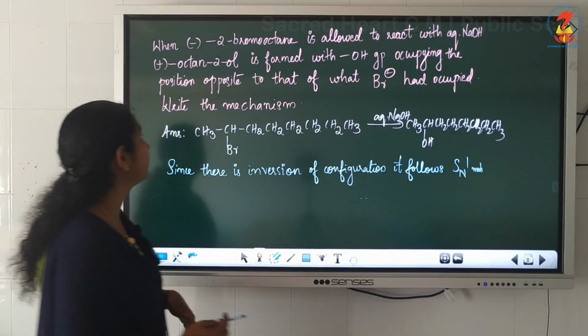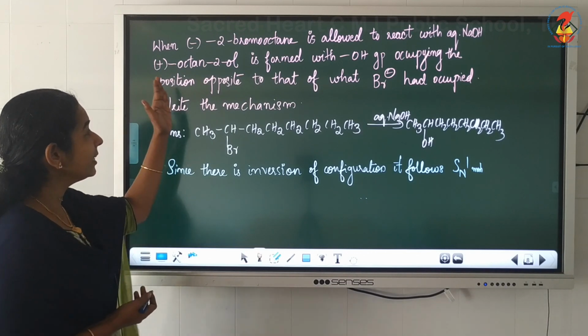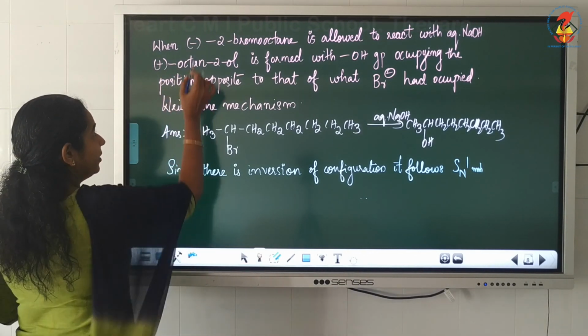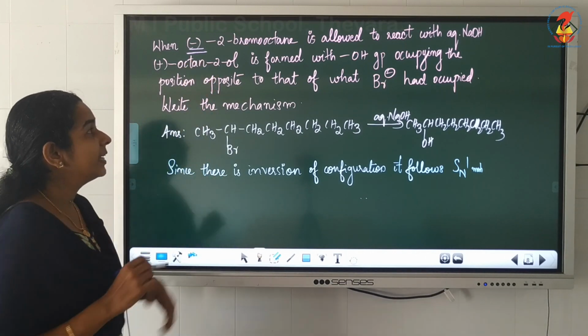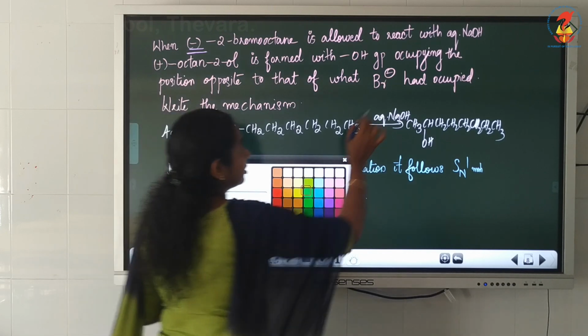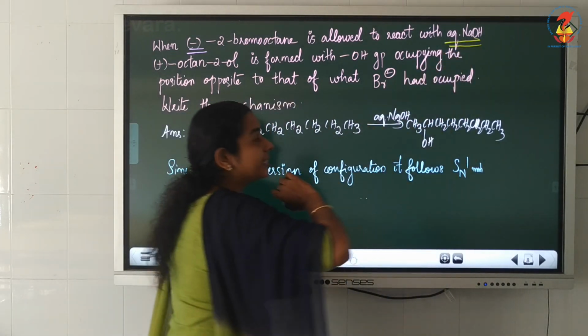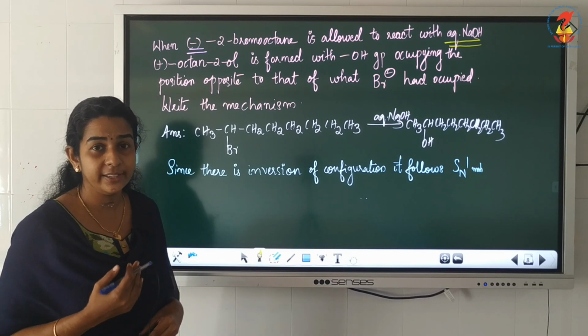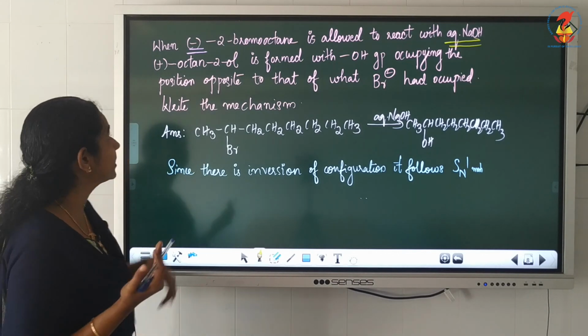Now see the next question. When minus 2-bromooctane is allowed to react with aqueous NaOH. So here the reagent is aqueous NaOH. Which is the nucleophile present in aqueous NaOH? Yes, OH minus.